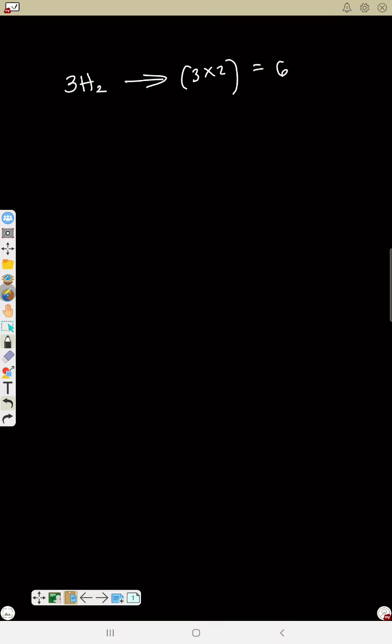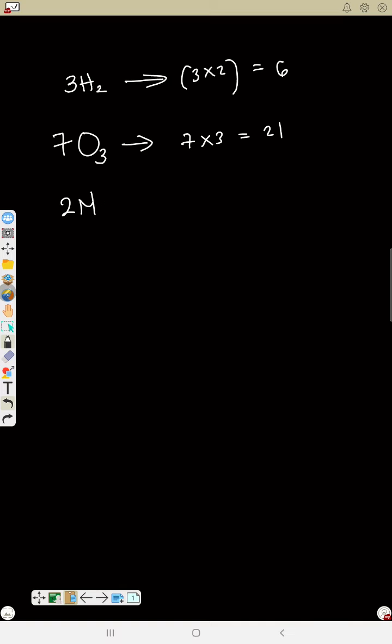So 7O3 represents 7 molecules of ozone and it contains 7 times 3, which is 21 oxygen atoms.